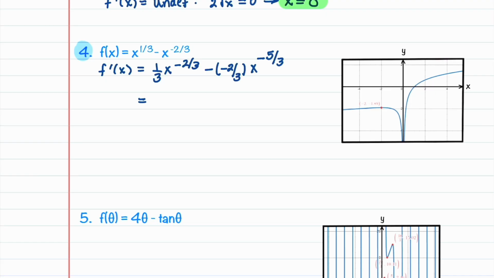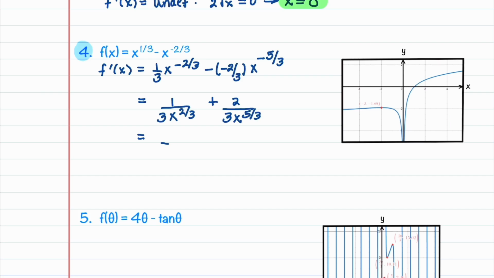Now let's go ahead and simplify this. I'm going to write our negative exponents in the denominator. So our first function is 1 over 3x to the 2/3, and then we have a plus 2 all divided by 3x to the 5/3. That just helps us to get a common denominator without having to deal with negative fractions.